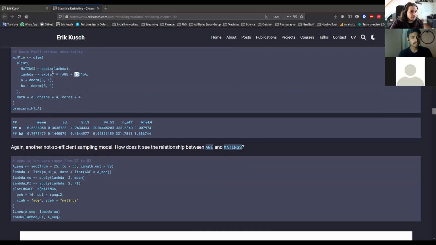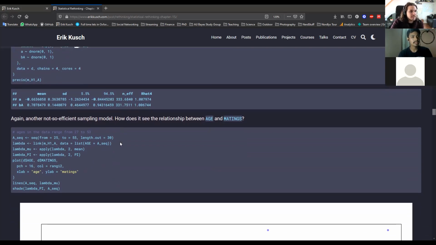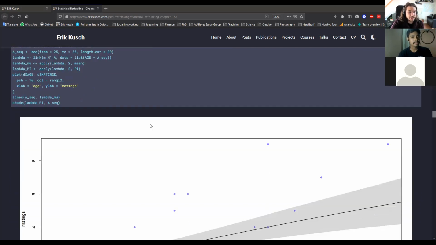I run the base model, which just has the Poisson distribution with my log scale right here. This should all make sense, I think. And now, again, pointing out that this is a not so efficient sampling model, but whatever, just quickly see how this model understands the relationship between age and matings.